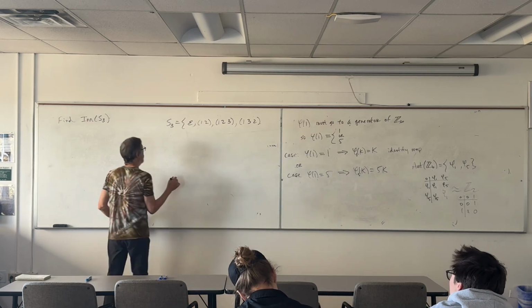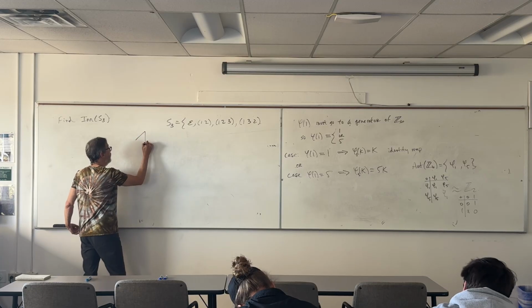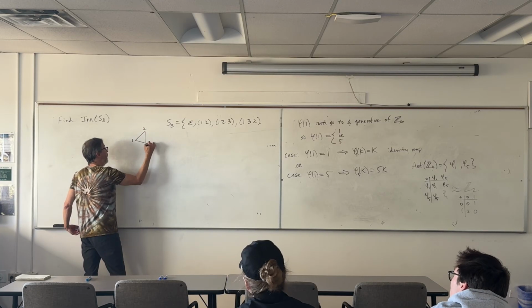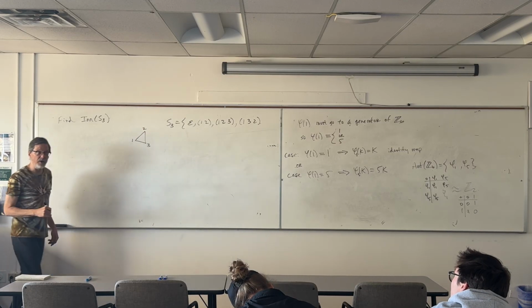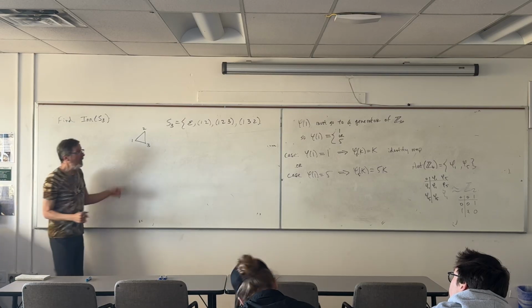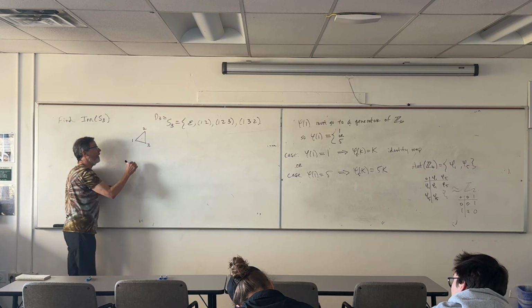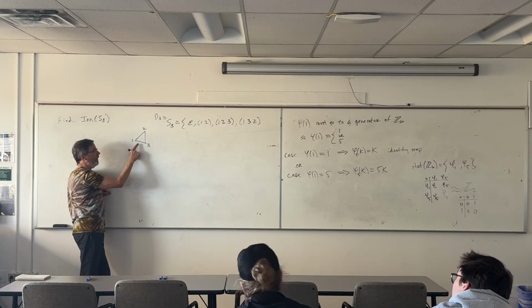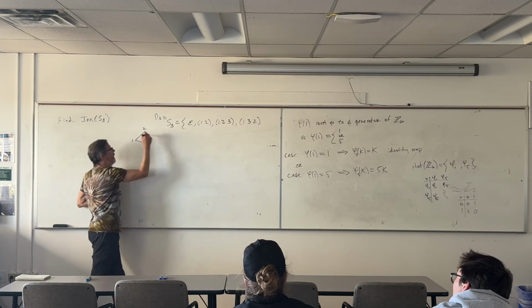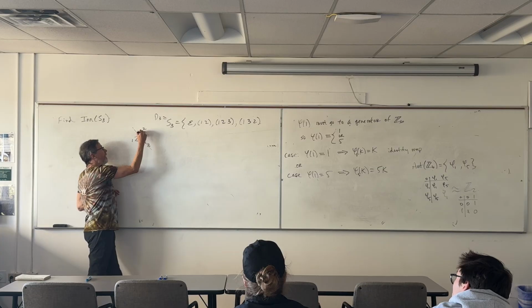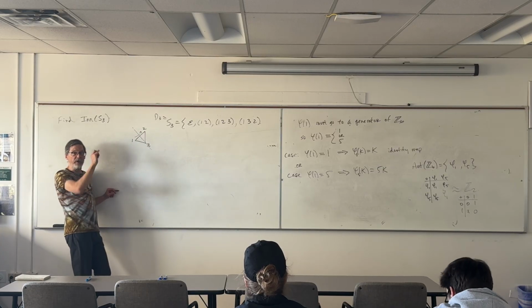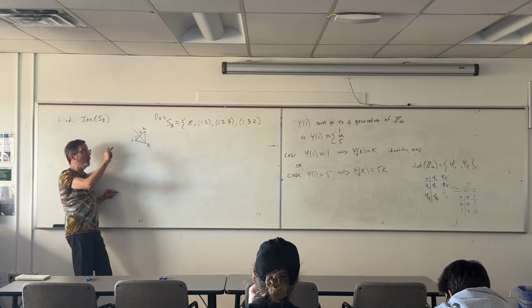And think of this as also the symmetries of an equilateral triangle. S3 and D3 are the same. They turn out to be exactly the same. They have 6 elements each. So this guy here is just this flip like that, sending vertex 1 to 2 and 2 to 1.